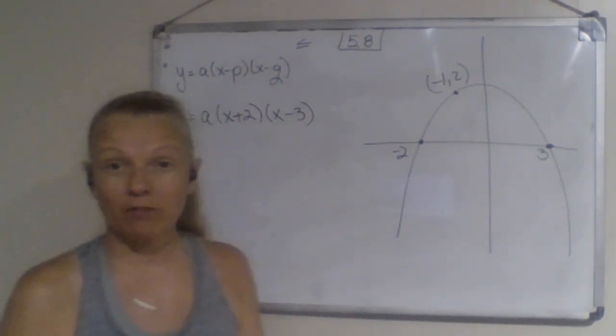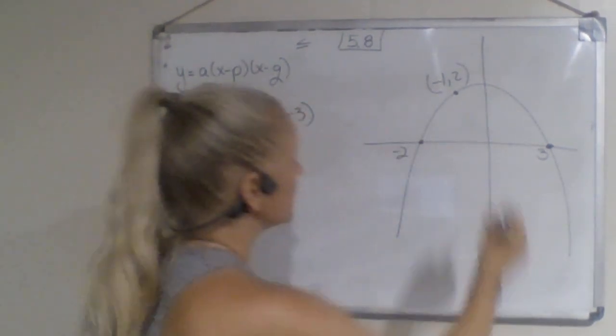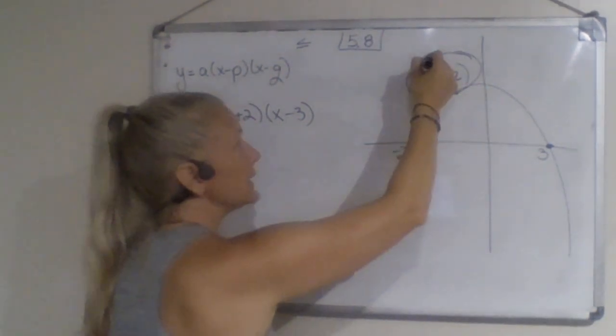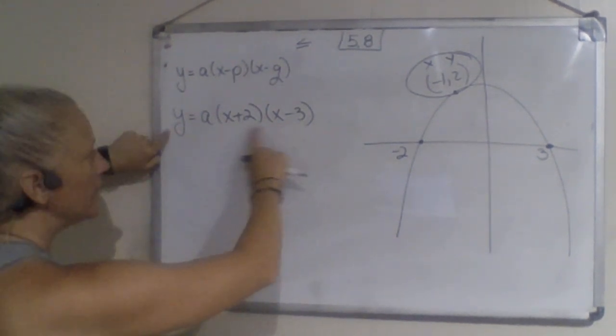I don't have my a, and I need my a desperately. But look what I do have. I have a point. I have the point -1 and 2, which gives me an x and gives me a y. I can take this and place it in for x and y and solve for a.